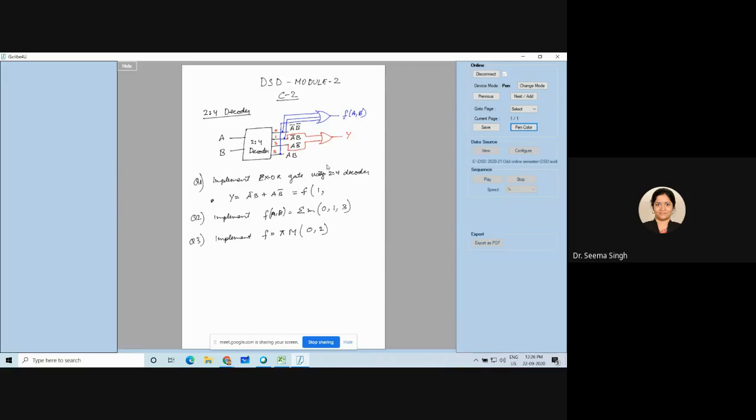And what is A B bar? A B bar is a 2. So our function is nothing but a function of 1, 2 also. You will have to see these things in this form. I should have written it as f of AB, a minterm of 1 and 2. So this is another way of writing the same thing.